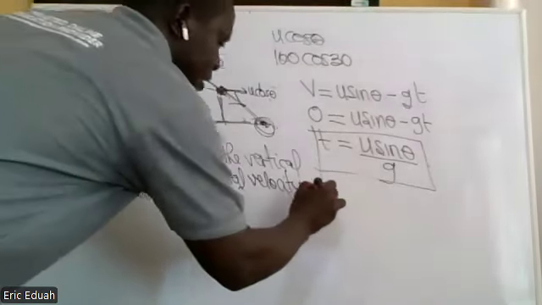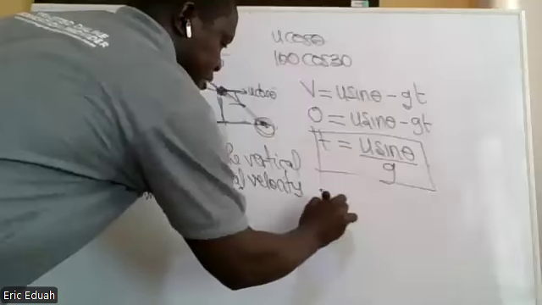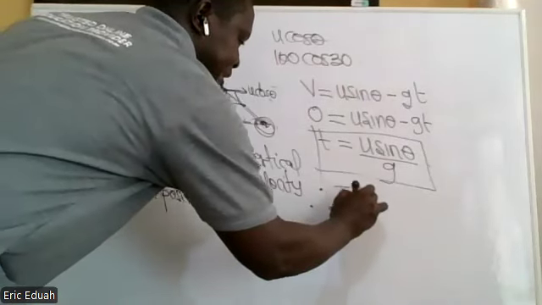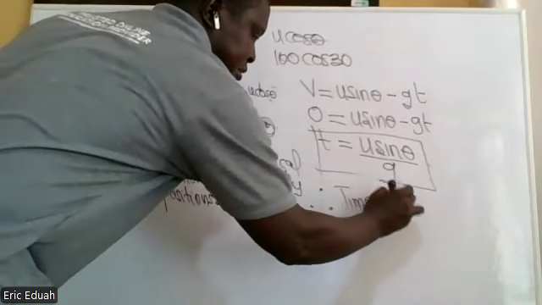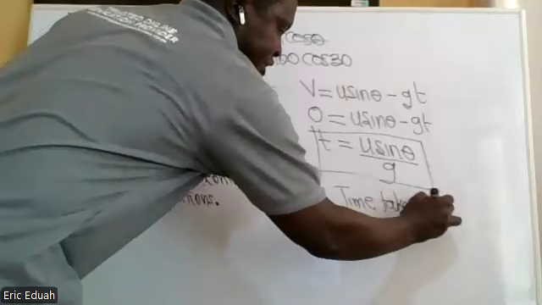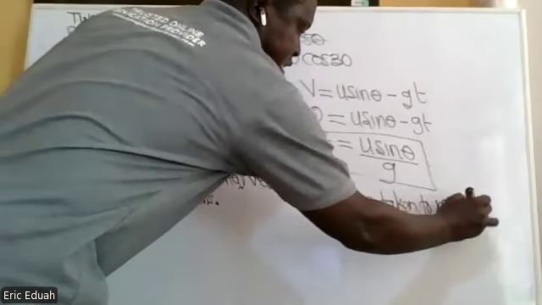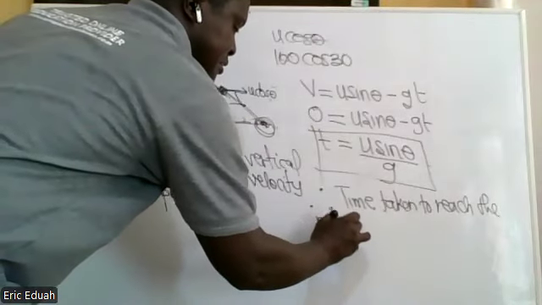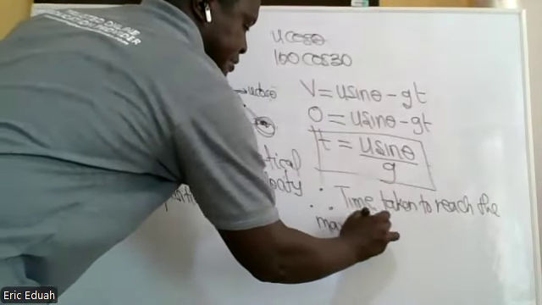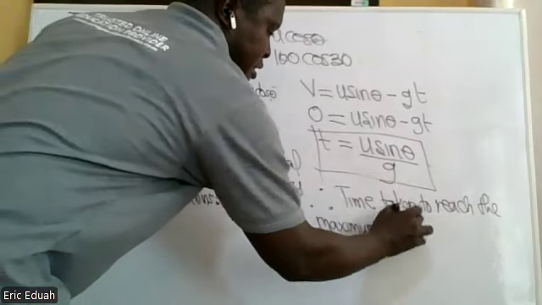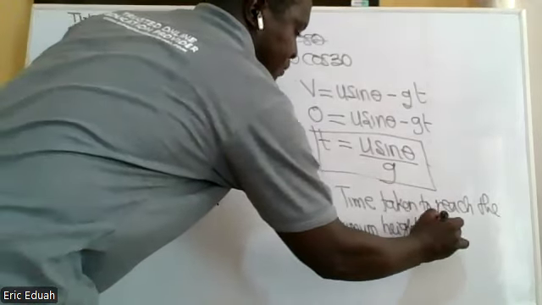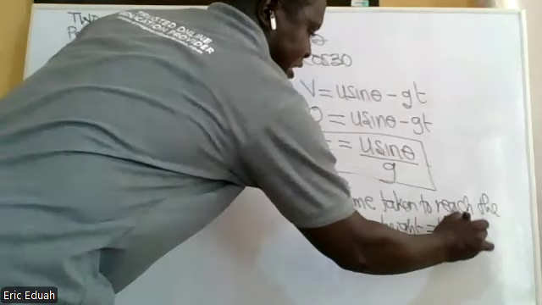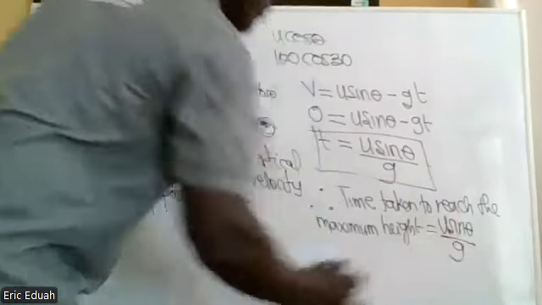Therefore, the time taken to reach the maximum height is equal to u sine theta over g.